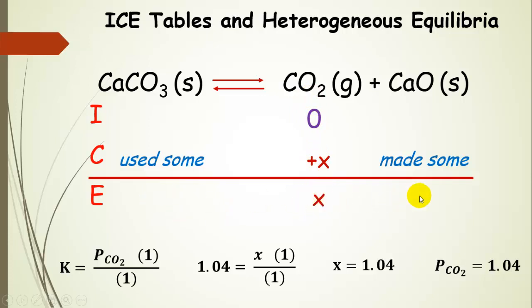Again, these two are just going to be 1, so I've left those blank. So we plug in X for the partial pressure of carbon dioxide, and the equilibrium constant is equal to 1.04. That just means that X is equal to 1.04, and it also means that the partial pressure for carbon dioxide at equilibrium is 1.04 atmospheres.